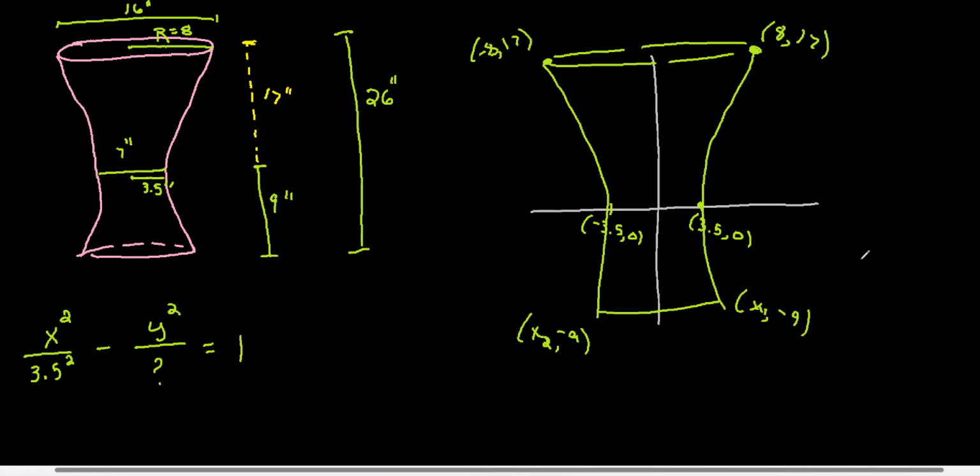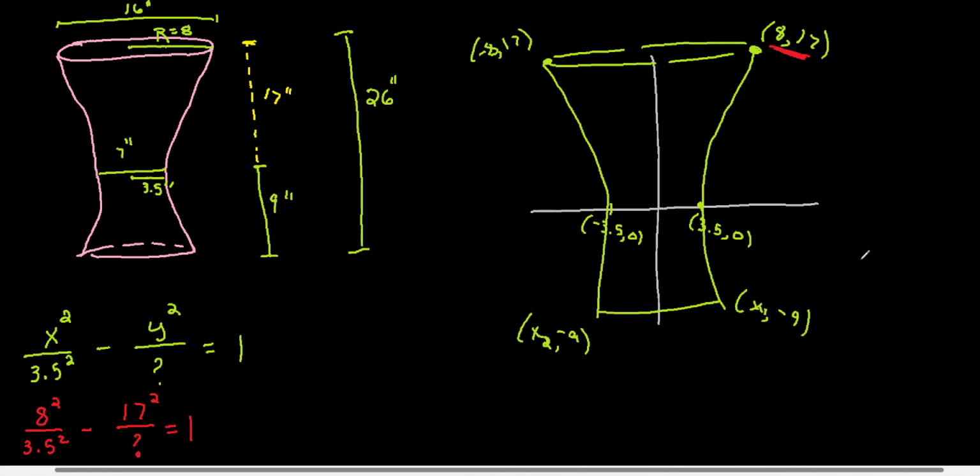Well, what you can do is you can plug in these points, 8, 17, and figure out what you need that value to be. So if 8 is going in for x, I'm going to have 8 squared over 3.5 squared minus y, that's going to be 17 squared, over whatever this question mark is. I'll leave it as a question mark for the moment.